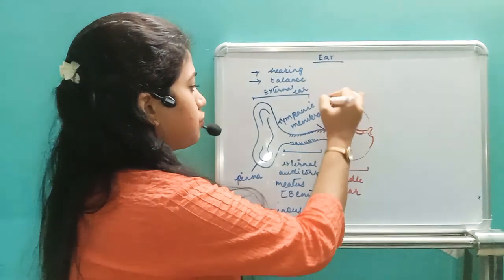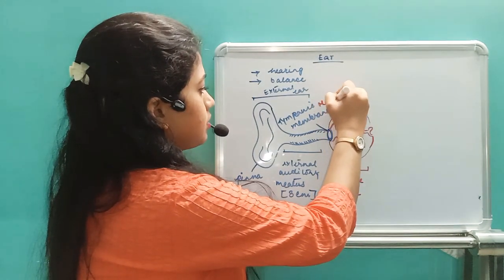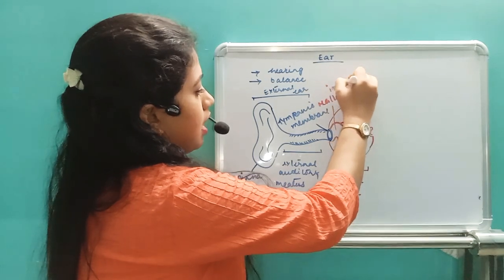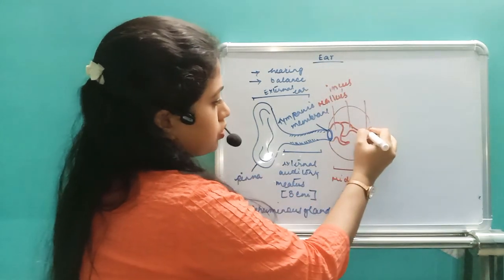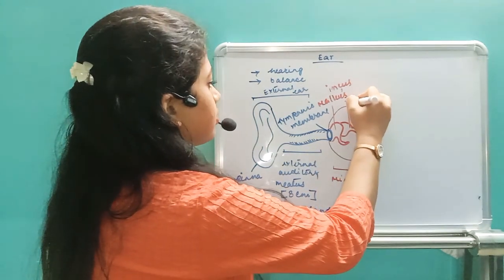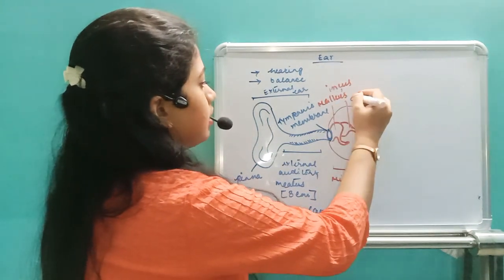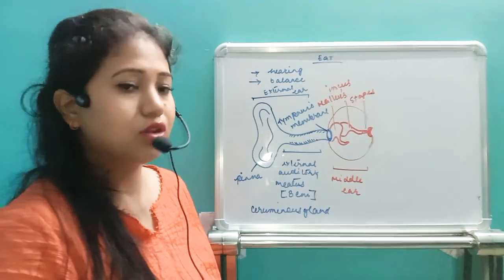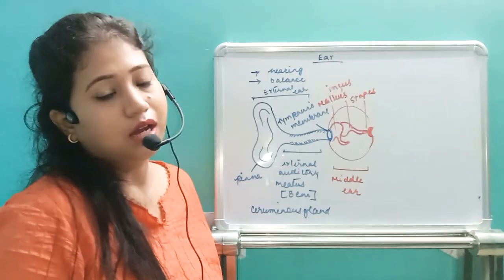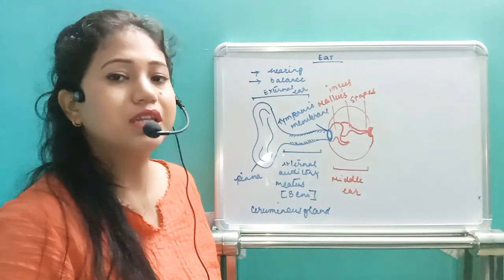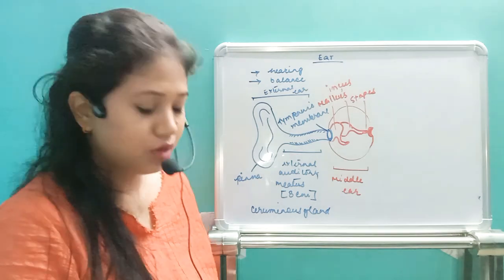First one is the malleus, second is the incus, and the third bone, which is the smallest one, is called the stapes. Malleus, incus and stapes. These three bones comprise the ear ossicles. On either side we have three bones, so we have 6 bones in total in both ears.